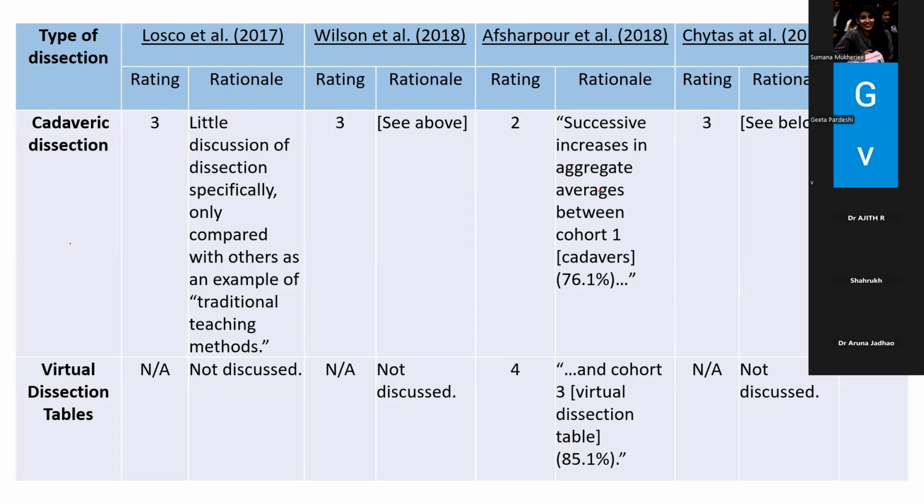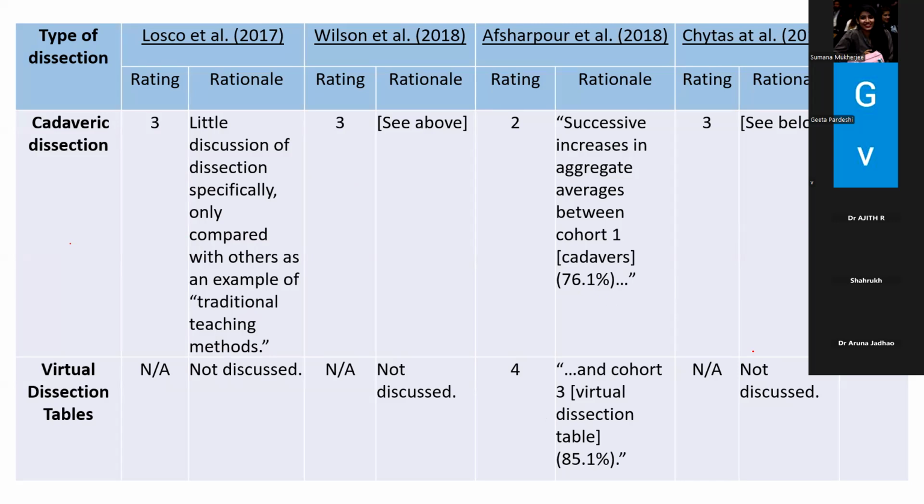Now, is it similar to the GRADE approach they use for quantification of papers, or is it some different thing? Yeah, what they have done, they have read the result section and what has been written about cadaveric dissection and about virtual dissection, and then subjectively they have said that depending upon what has been written in, say, the meta-analysis or the systematic review and the other few articles which they refer to, they have started from the score 3.